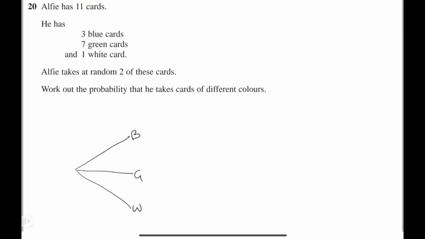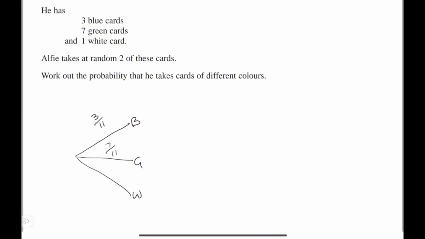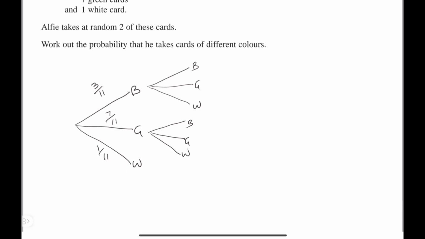So the probability of taking a blue card is 3 out of 11. That of green is 7 out of 11, and that of white is 1 out of 11. So the second probability would be blue, this would be green, and this would be white. Then blue again, then green, then white.